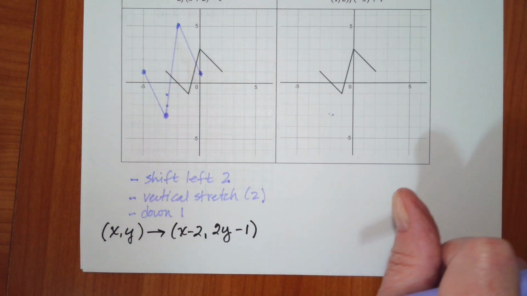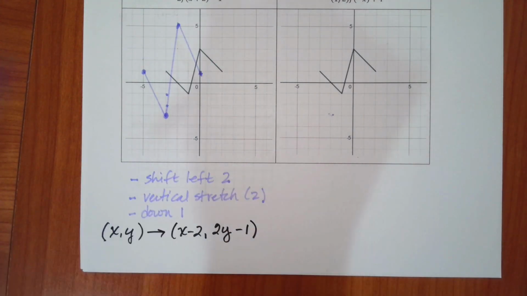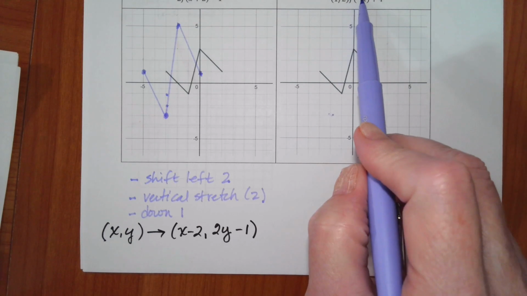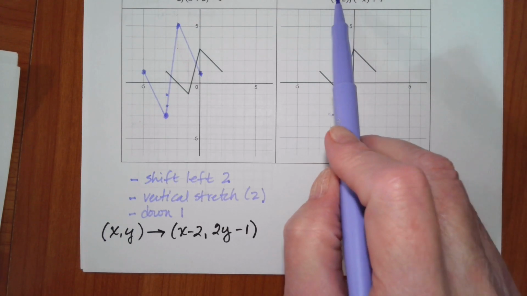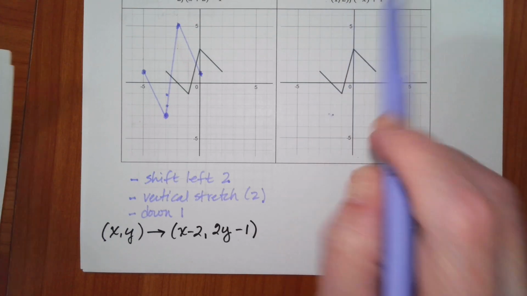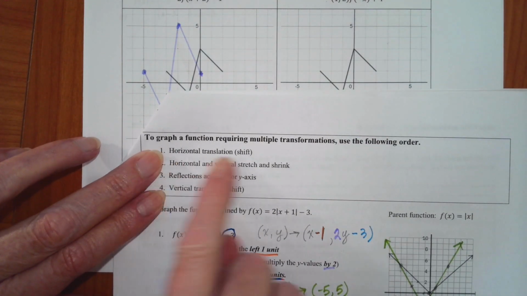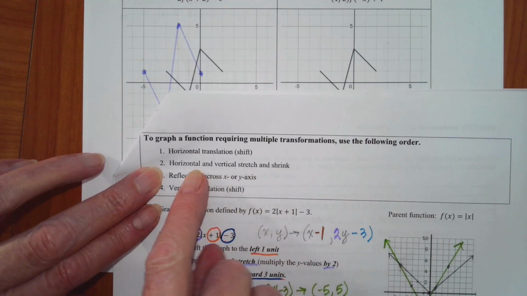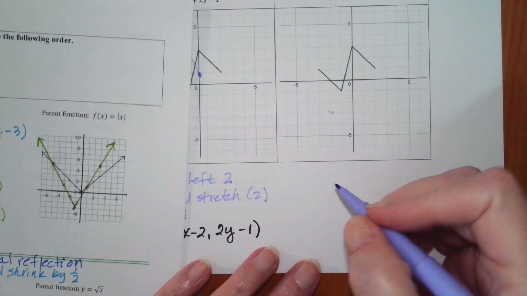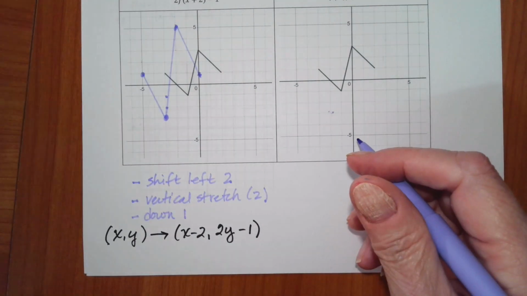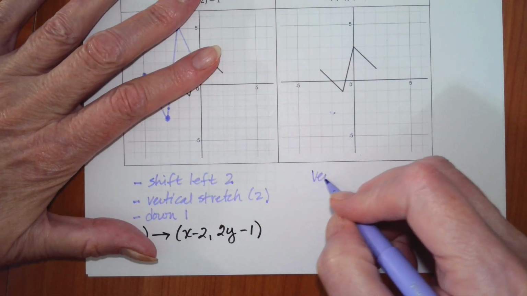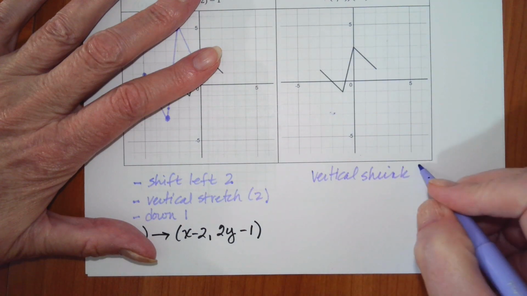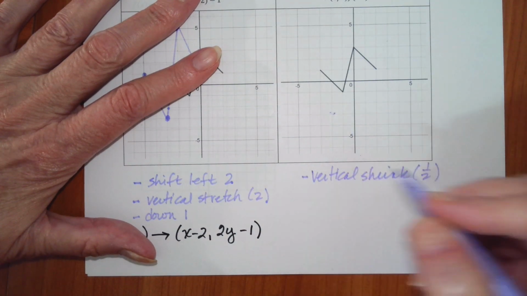Okay, now for this next one, you have to remember your order because you've got a horizontal reflection, a vertical shrink, and a vertical reflection. So you want to do the horizontal translation first. Then you're going to do the vertical stretch and shrink. So you're going to do the vertical shrink by 1/2.